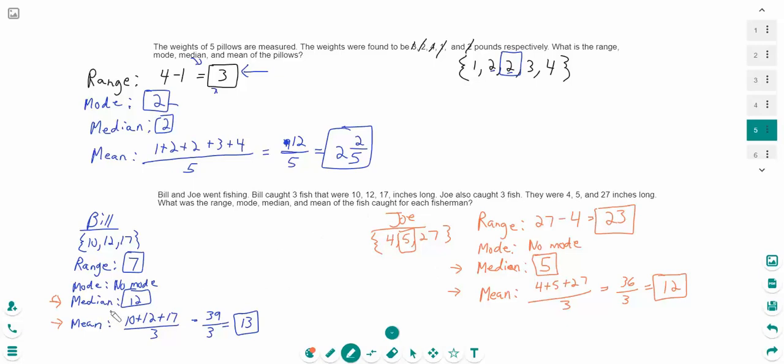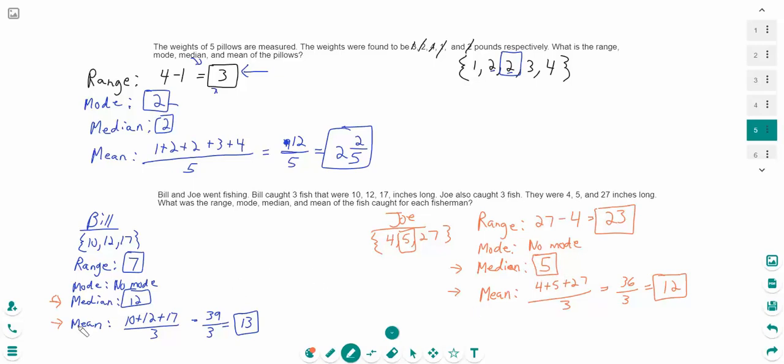So we have here the median. Bill's median is 12 and Joe's median is only 5. All right. So it's quite a bit smaller. So that tells you that its guess at that middle number is a 5. That central number is a 5. He's consistently going to catch at least 5-inch fish. That would be what we would assume based on this median.